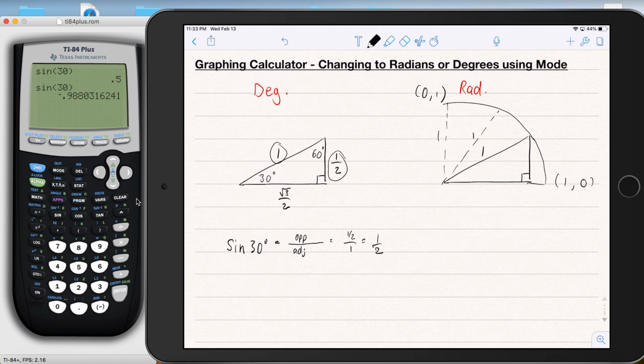Now let's talk about the actual radians. And so we know up here, this 90 degrees is pi over 2. And we remember that because the whole circle is 2 pi. So if I divide that by 4, I know it's pi over 2 at the top.